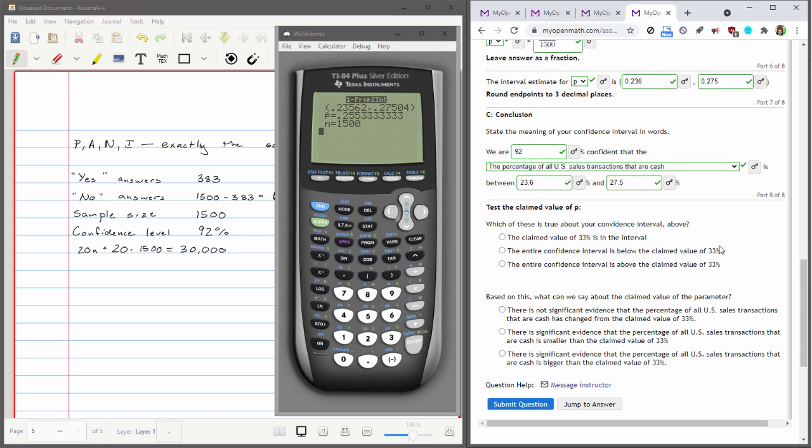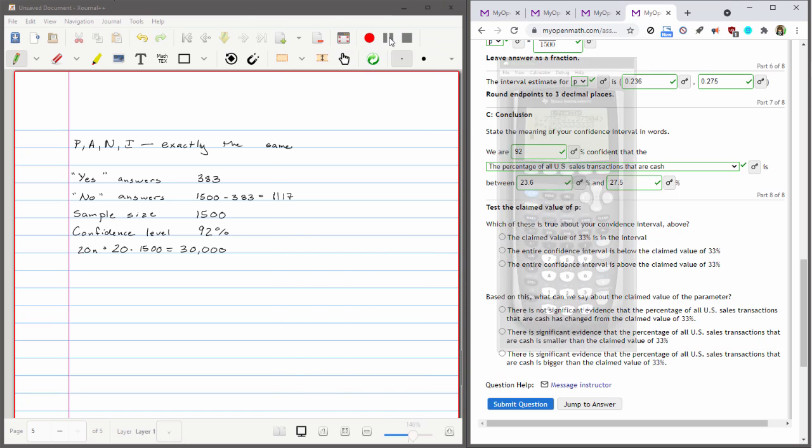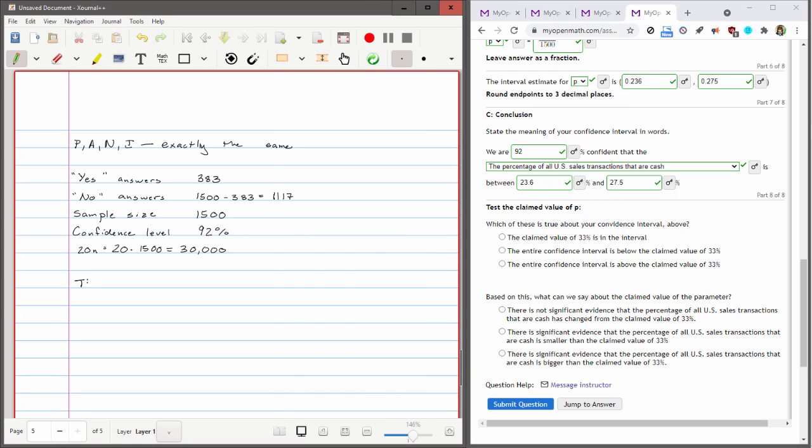So we'll notice, here's what we're thinking. Imagine our friend the number line. We have 23.6% and 27.5%. That's our confidence interval in here.